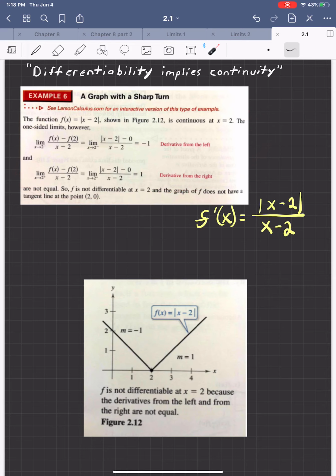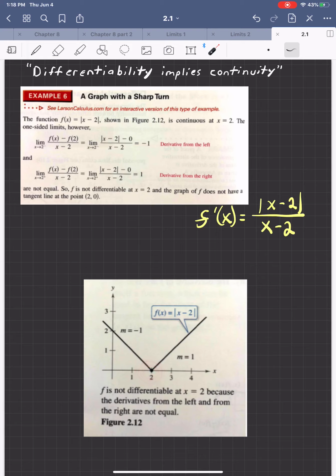If you use that limit definition, notice that the limit as you approach 2 from the left is different than if you approach 2 from the right. Right? -1 is not the same as +1. The limit does not exist at this point when x is equal to 2.